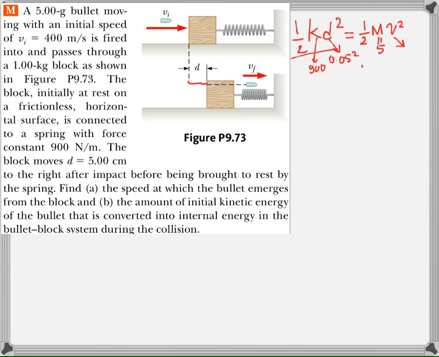V is, in terms of these values, I have those 1/2 cancel on both sides. I have 900, divided by 5, which is the mass of the block, and this will be in square root, times D. So D is 0.05.